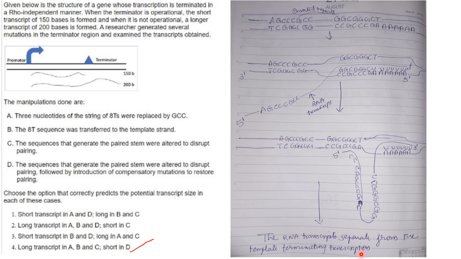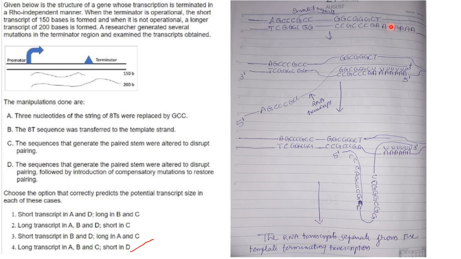Now what are the mutations that the researcher has done, and what is the result? In A, 3 nucleotides of the string of 8 Ts were replaced by GCC. 8 Ts means it is on your DNA strand. So 3 of the 8 T's were removed and replaced by GCC.